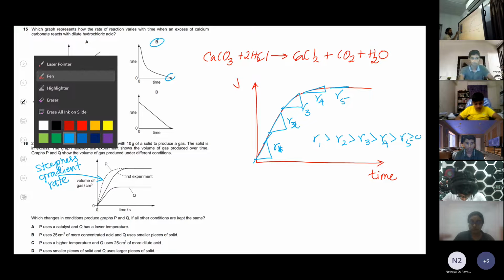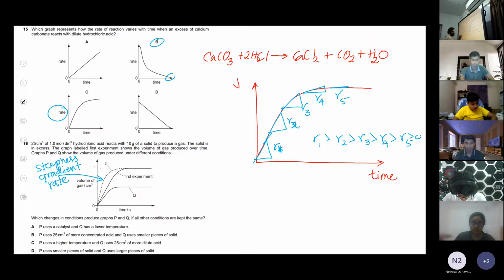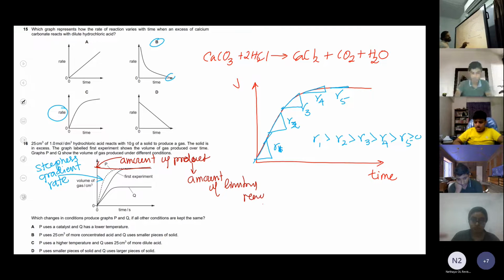But the plateau, this amount of products, depends on the amount of limiting reagent.